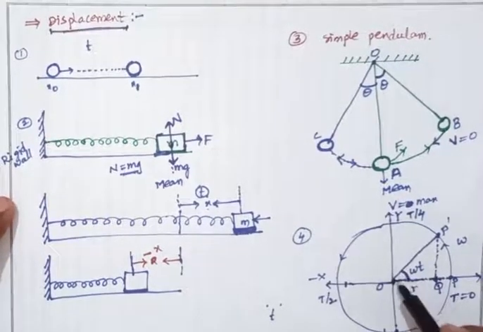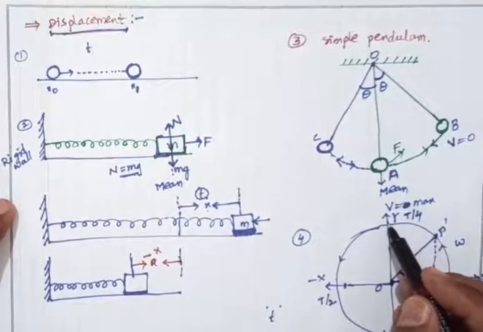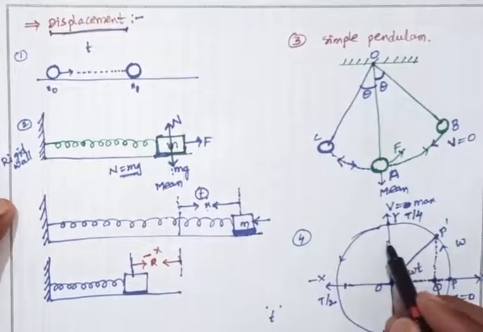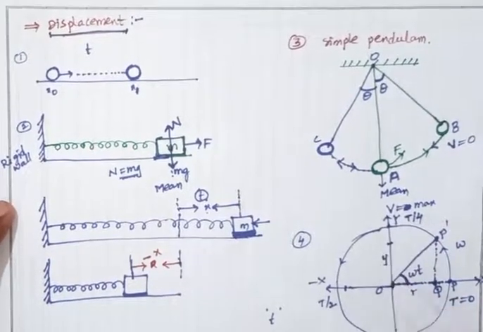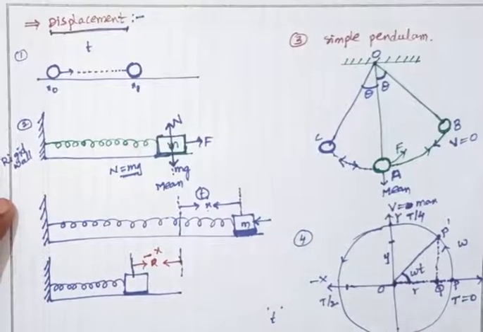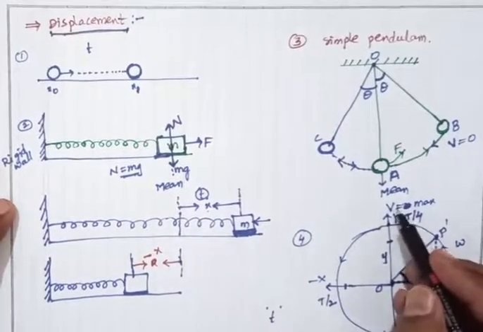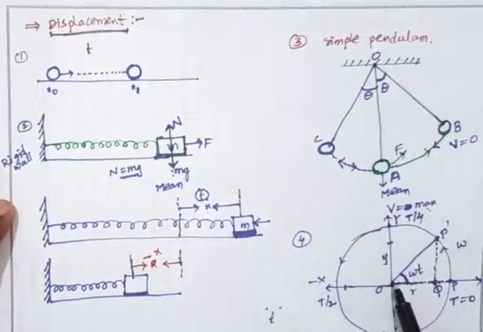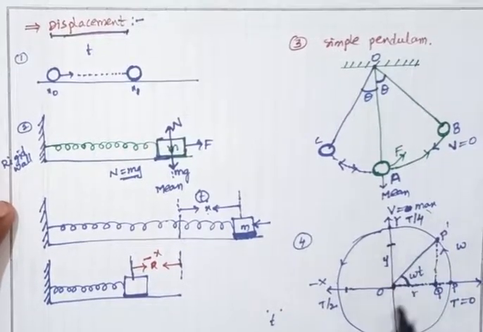Along the y direction there is also a displacement, which we take as y. At T by 4 it is maximum.